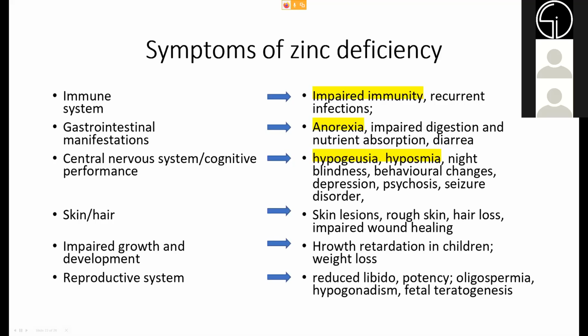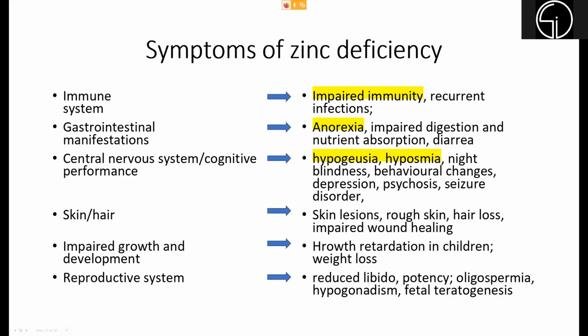On the nervous system level, there is a loss of smell and a loss of taste. Especially in the beginning of a zinc deficiency, these are early symptoms, also night blindness. And these symptoms, which I have marked in yellow, are also symptoms that we see in patients with COVID-19 disease.